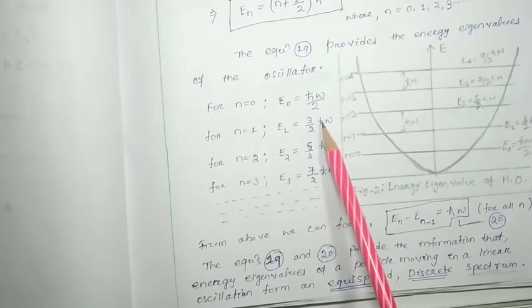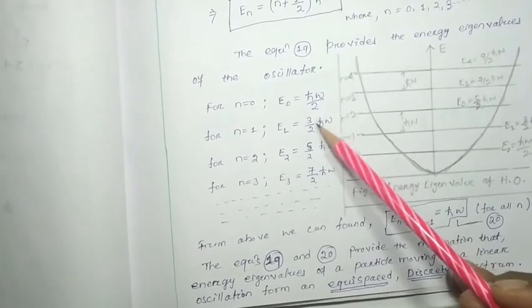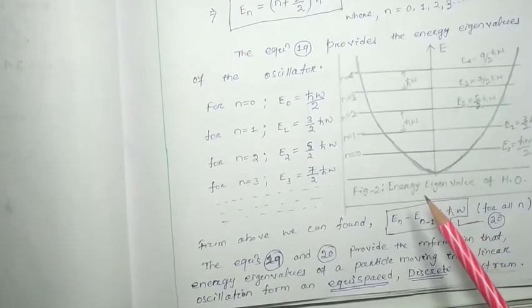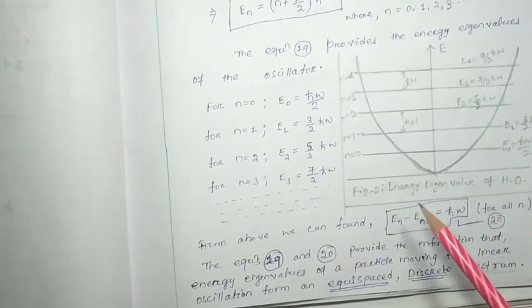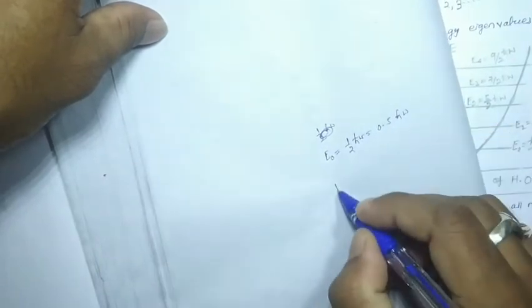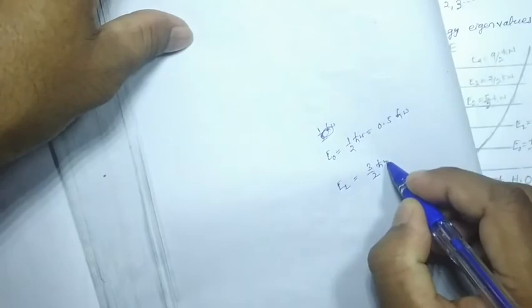That means in between, the energy values are not acceptable for a quantum particle oscillating in this dynamics. The lowest energy state has energy half h cross omega, that is 0.5 h cross omega, and the next excited state has energy 3 by 2 h cross omega, or 1.5 h cross omega.